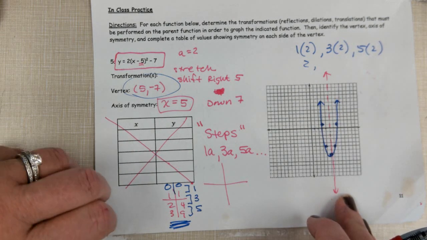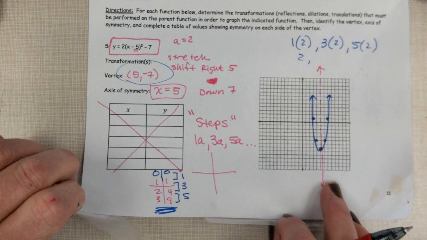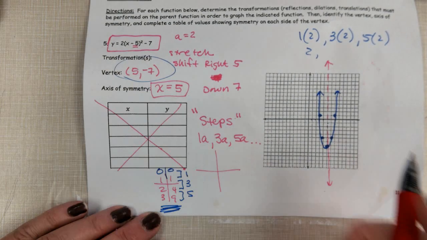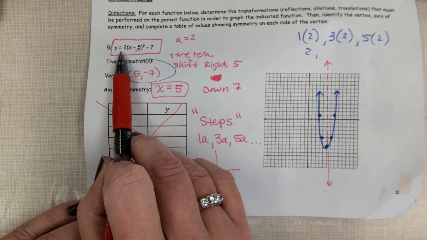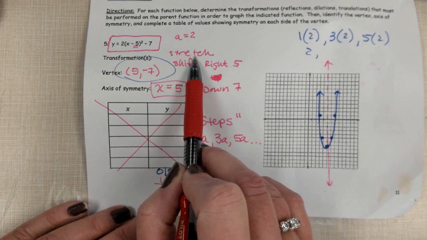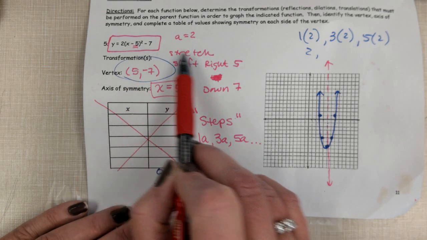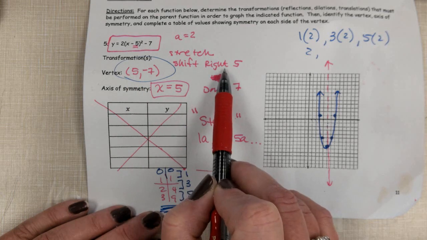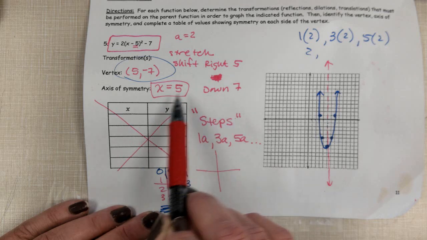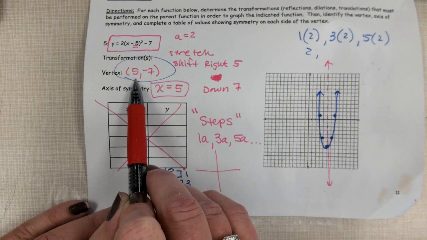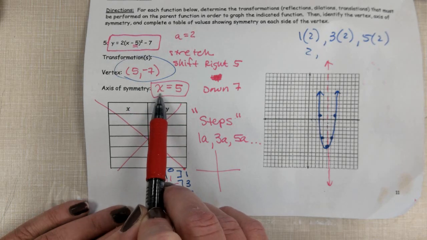I can get rid of this tape because it will not stop. Okay, so A is 2, so it tells me it's going to be a stretch. The vertex is 5, negative 7, so that's going to be a shift right 5, down 7. And the axis of symmetry is going to be that x coordinate. Don't forget x equals 5.